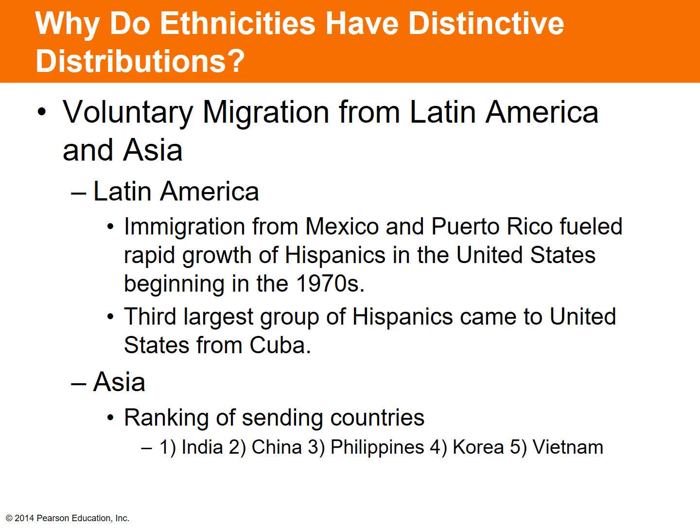When we're looking at a list like this, we have to wonder, why is it these countries? And it's likely that you will remember when we studied immigration, we talked about how people have to have a reason to go. They have to have push factors, but they also have to have means. They have to have the ability.